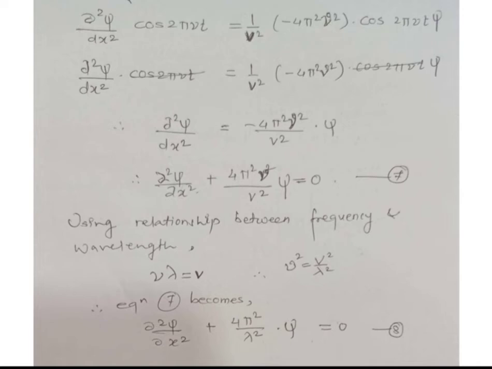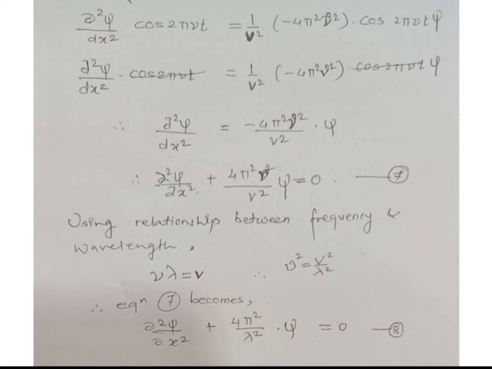So we want the ν² value, the frequency squared value. It will be v²/λ². And in this equation we can put the value of ν², which is equal to v²/λ². So v² gets cancelled and the remaining is only ν² = 1/λ².